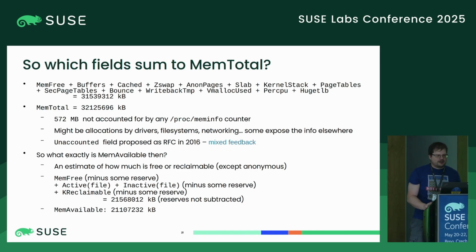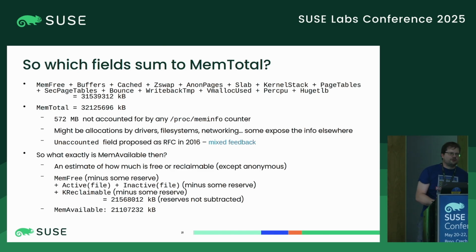And we see it was very close to the free and cache amount, and actually that's really the case, because it counts the number of pages on the file lists or the LRU list, and also the reclaimable slab.